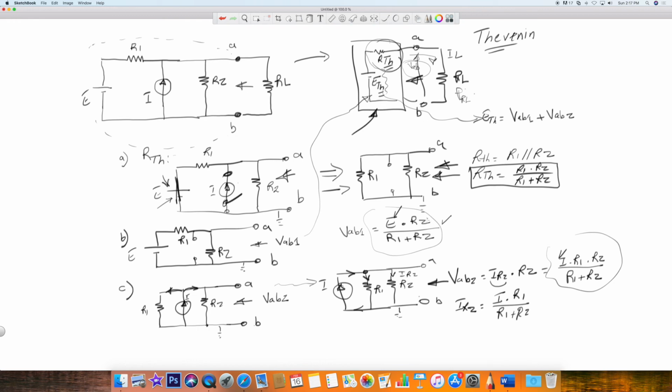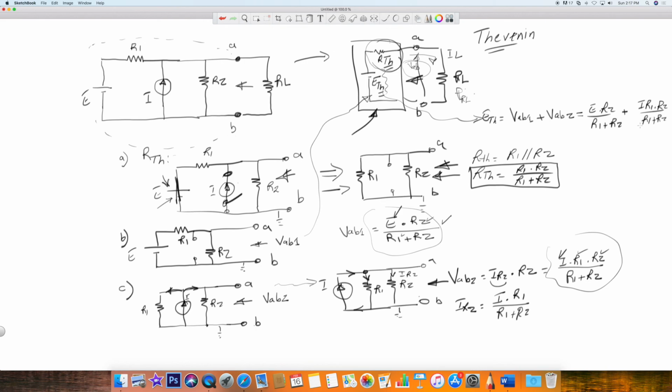And not only that, you know these values, R1, R2. So these are well-known values. So you can actually put ETH equal to E times R2 divided by R1 plus R2, plus I times R1 times R2 divided by R1 plus R2.